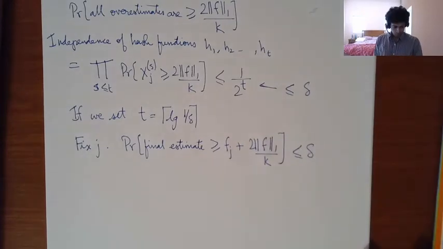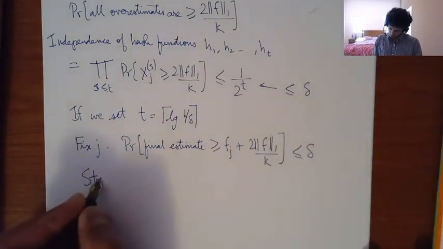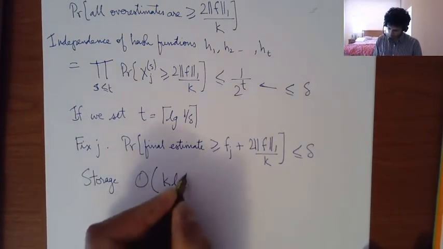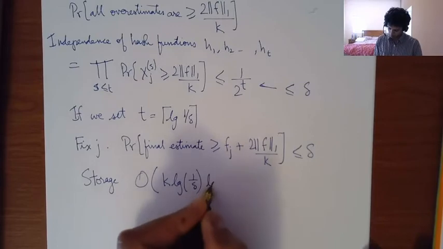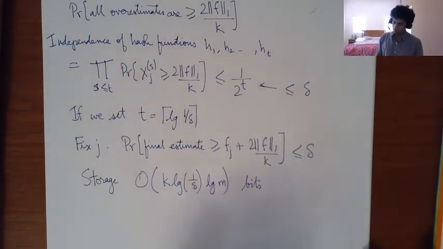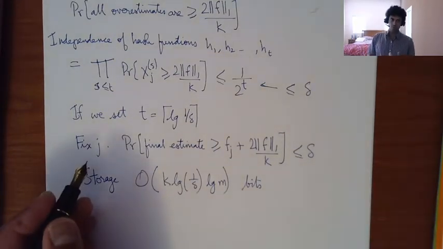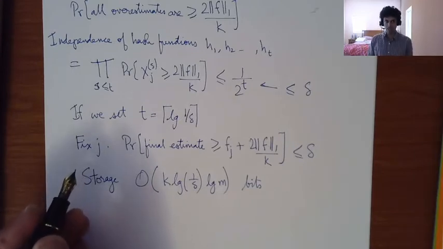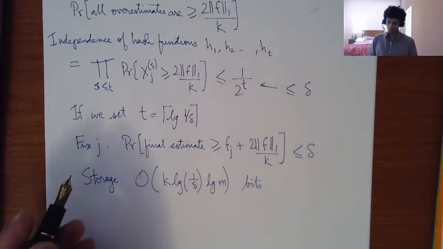And the storage, let's recall, was O of k log 1 over delta log m bits. Remember, this is giving it for a fixed j. So you have to be a little careful, you don't get this guarantee for all j's simultaneously. You fix a j and then you get this guarantee.